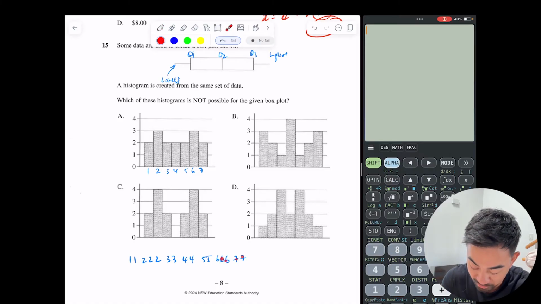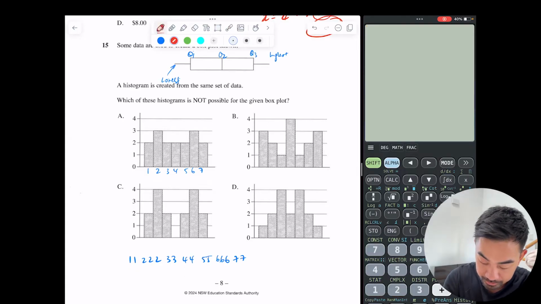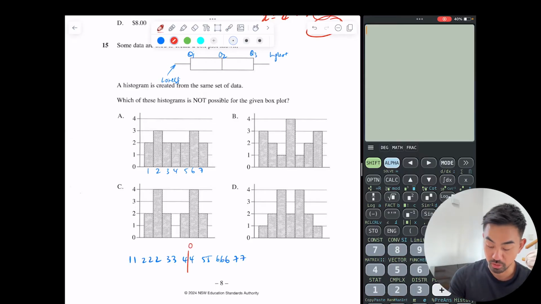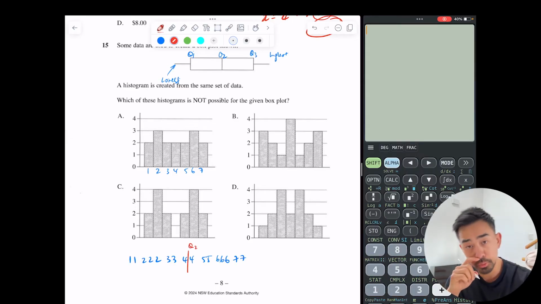Yeah, I think that's it, right? So if the median's here, okay, sorry, I don't know why that took so long. So that's Q2, which is 4.